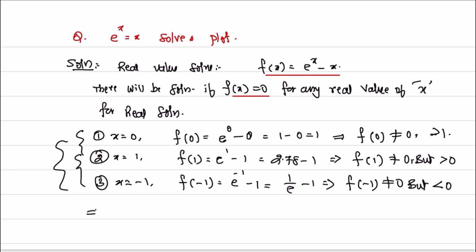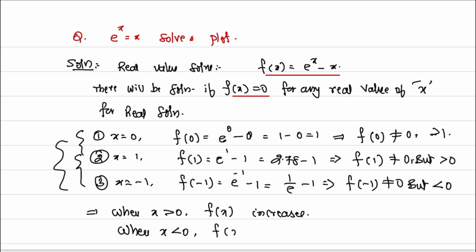It implies that when x is greater than 0, that means from 0 to 1, the value of function x increases. When x is less than 0, what is happening to function x?